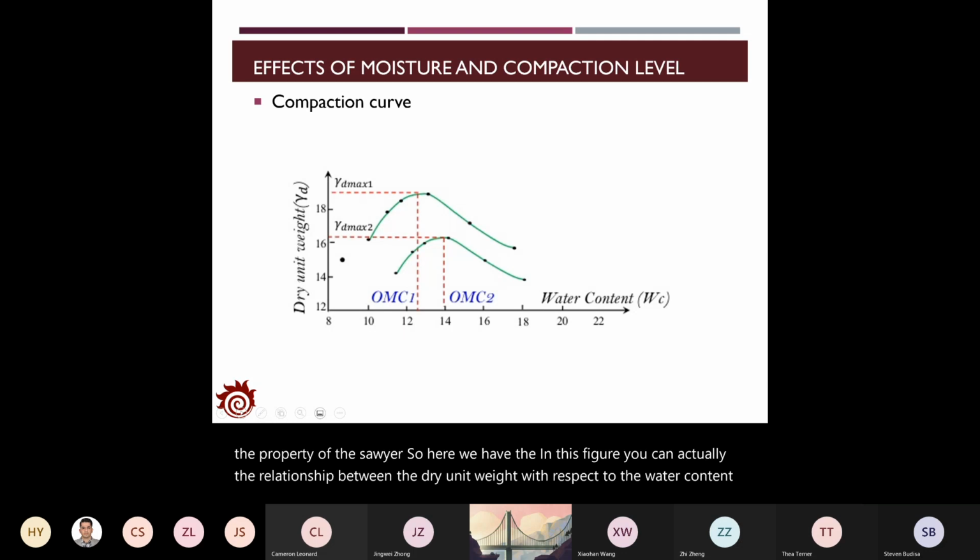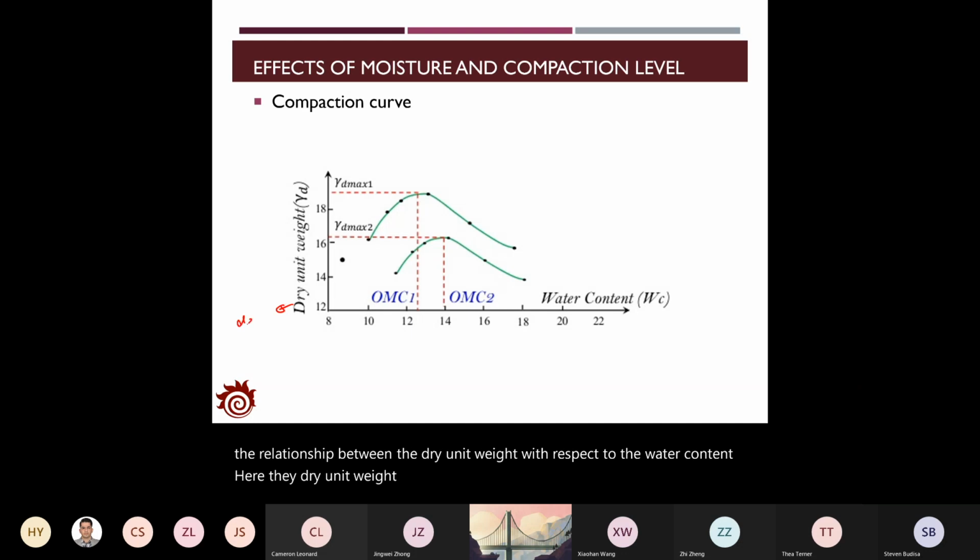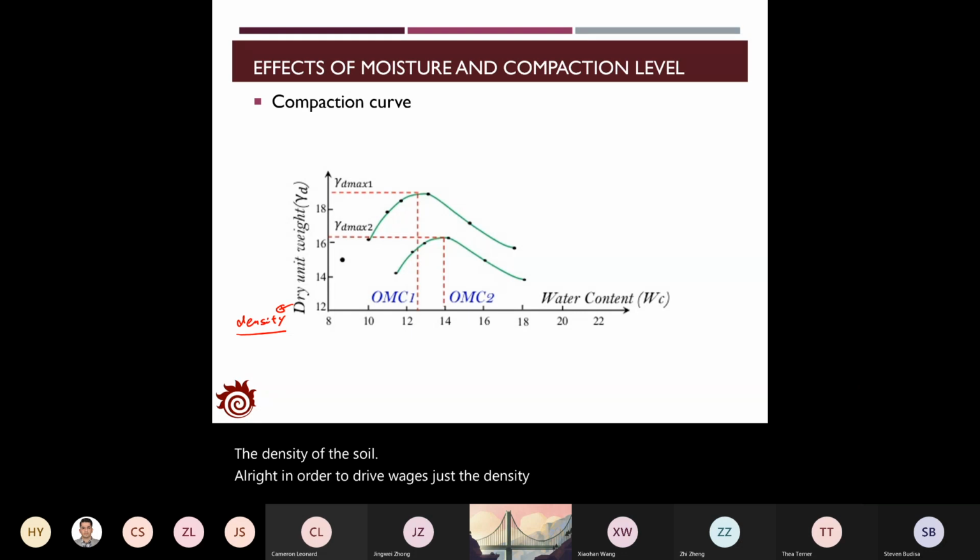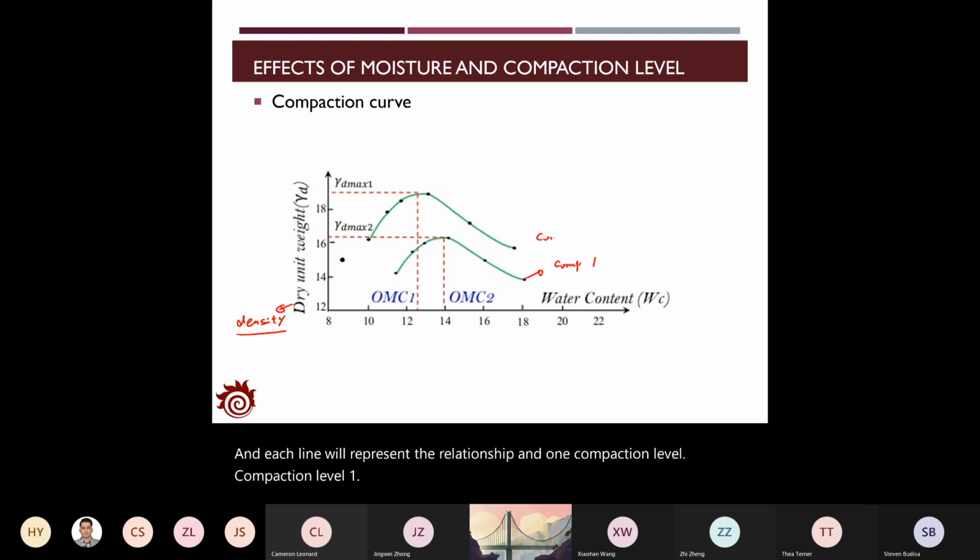Here the dry unit weight is just the density of the soil. It's not the dry weight, it's just the density of the soil. And each line represents the relationship under one compaction level. Compaction level 1, compaction level 2.